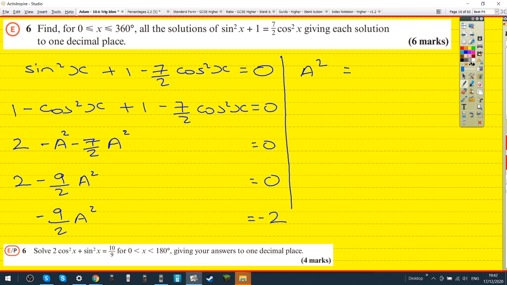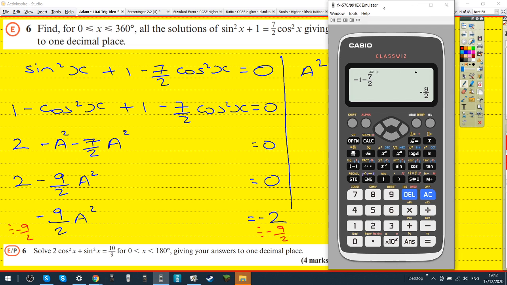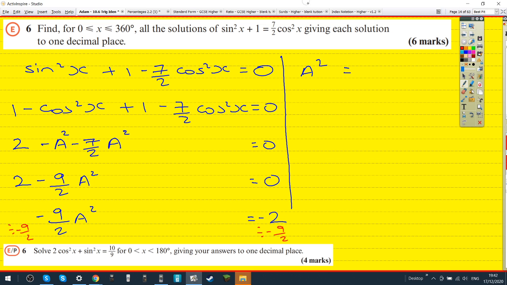So would you add minus 9 over 2 to both sides? Oh, divide, sorry. So it'd be minus 2 divided by minus 9 over 2, which gives you 4 over 9. So a squared equals 4 over 9. Then you'd square root both sides, which gives you 2 over 3. So a equals 2 over 3.